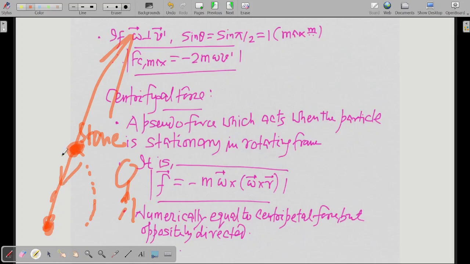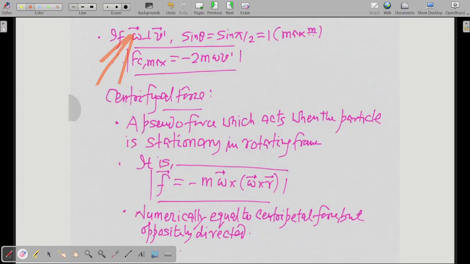So with respect to an inertial frame, when the stone is rotating, the inertial frame person feels that the stone is getting attracted towards the center. And a non-inertial frame person, that is the person sitting on that stone, the ant in this case, feels that the force is acting in the opposite direction, away from the center, right?